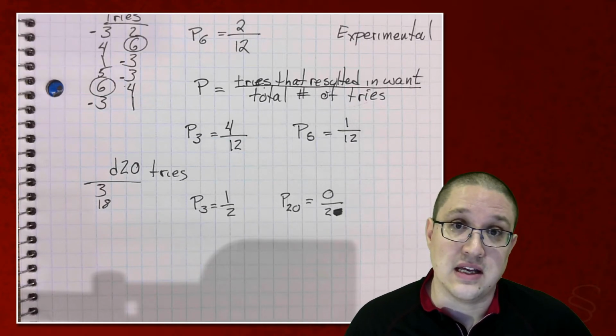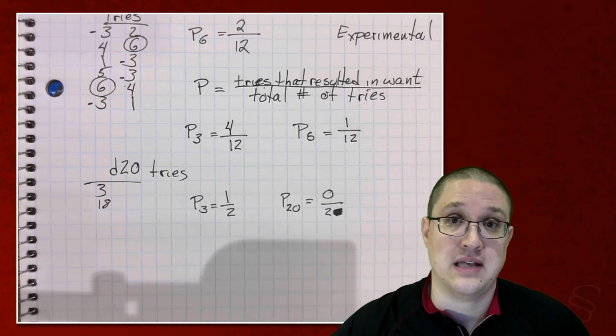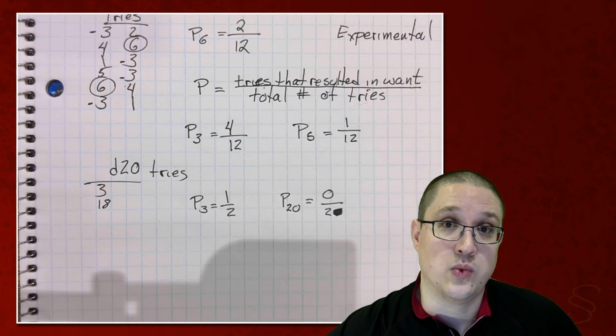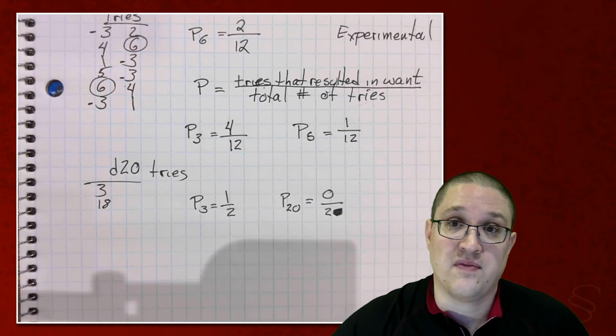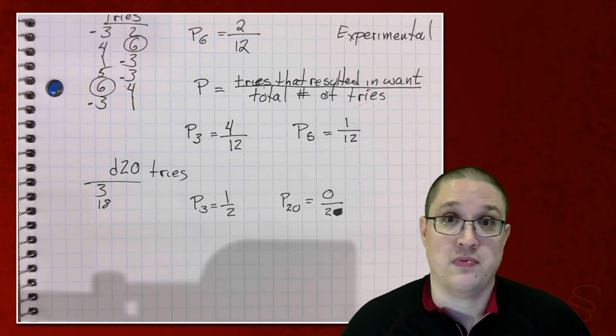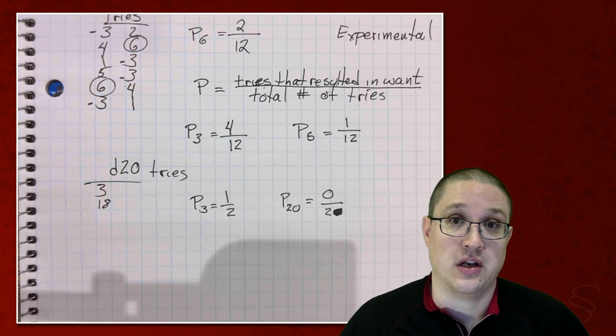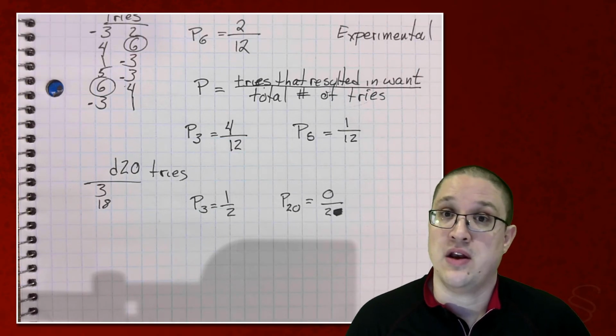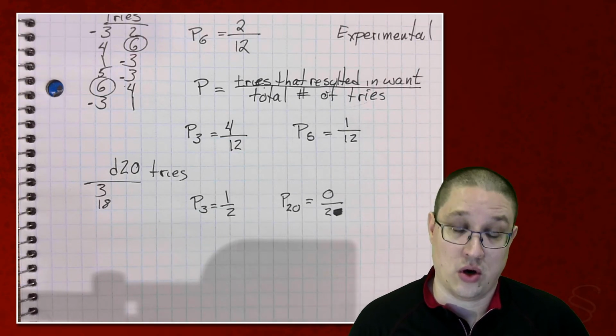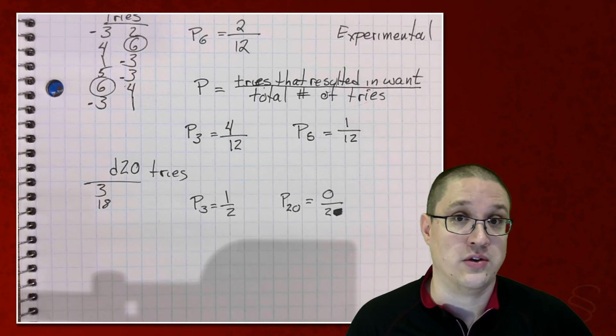And you can see this in the real world when people bias data, and you'll see it in the news as well. If they don't ask enough people, they might not know what the real answer is. If they don't ask enough people who they're going to vote for, they might not have good data for an election. If you don't ask enough people what sort of product they prefer, you might not have good information to tell what you need to stock in your store.